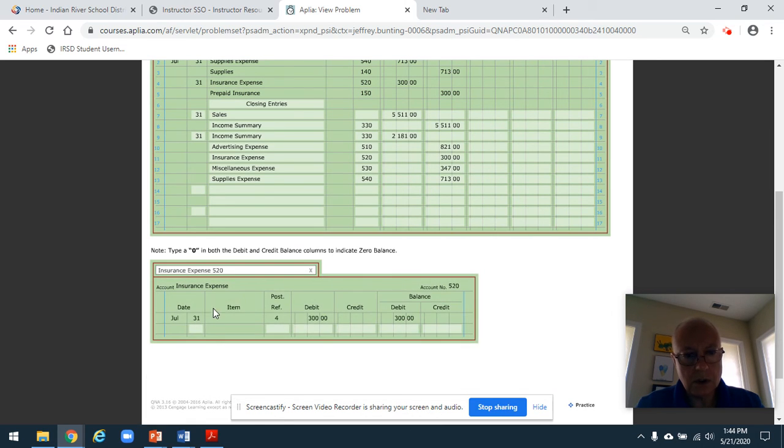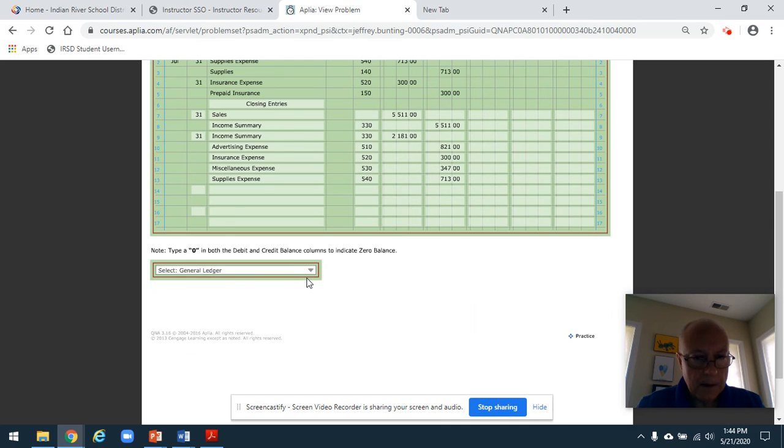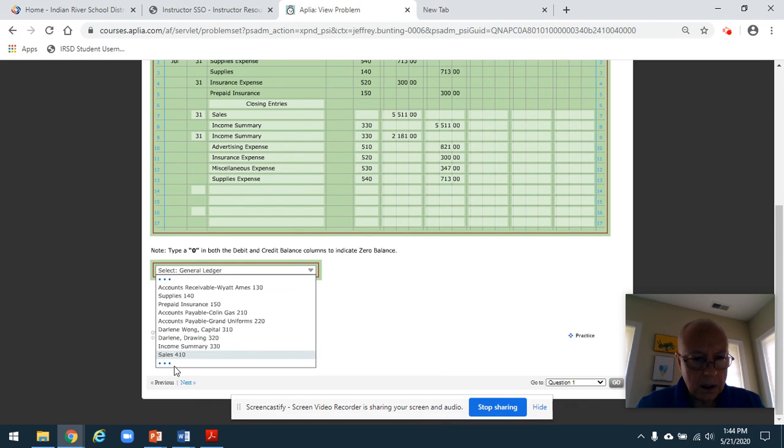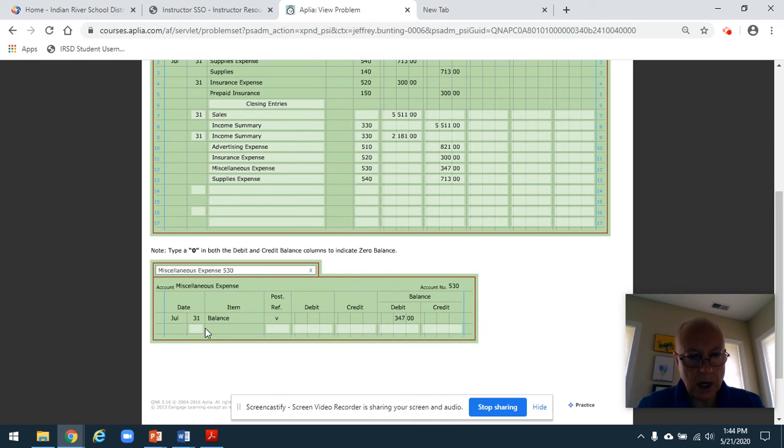Okay. All right, and then let's look at our insurance expense. So same deal, 31st, credit 300, and then 0, 0. And then miscellaneous, same process, rinse and repeat here.